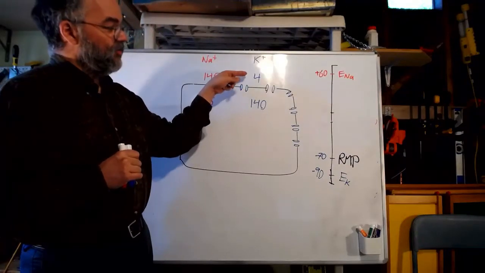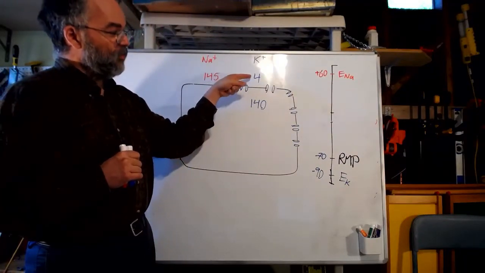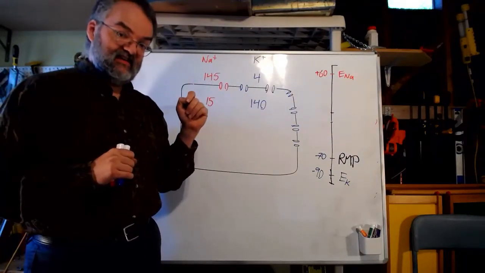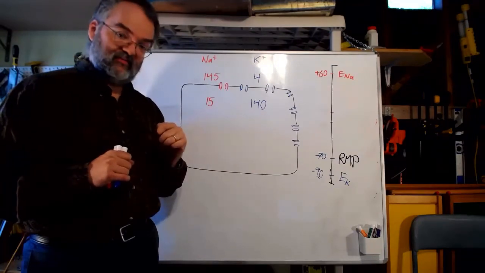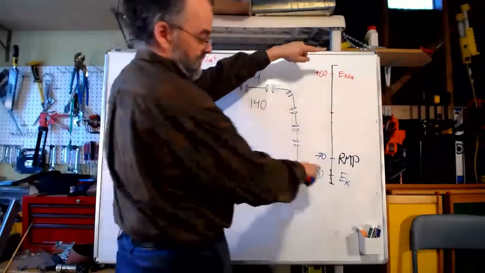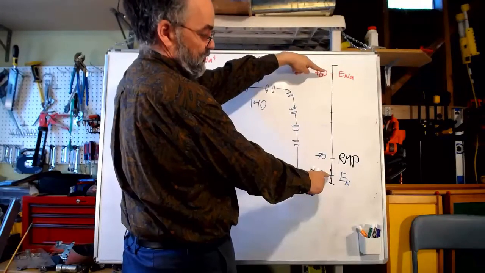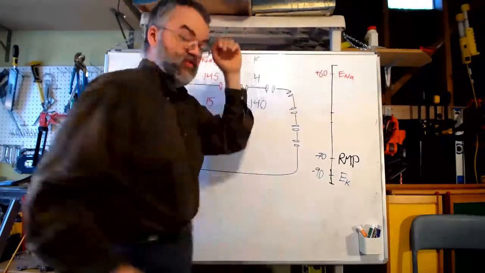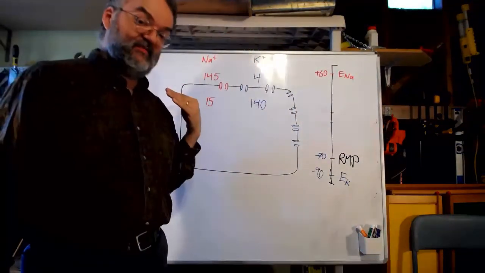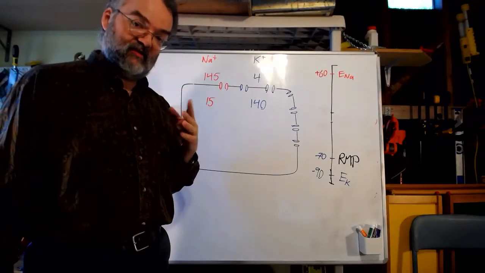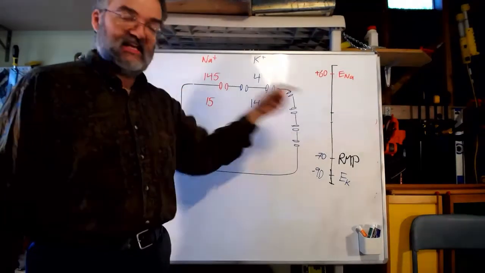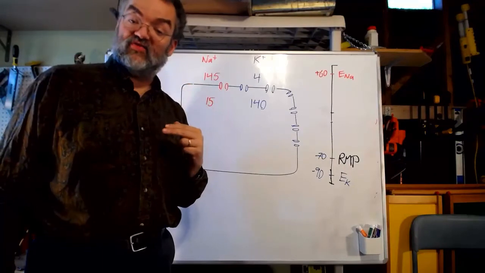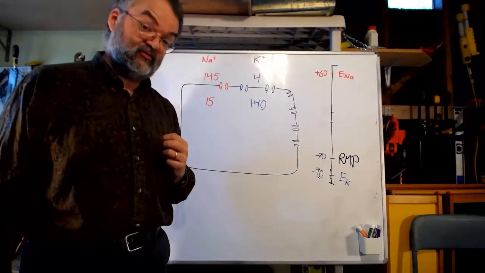But what you should be thinking about is, how will that affect EK? And thus, how will that affect resting membrane potential? Think about EK as being suspended between these two voltages. If I change one of those, EK still has to be between them. Sorry, EK doesn't. Rest has to be between them. So if I change one of them, think about what that will do to rest.